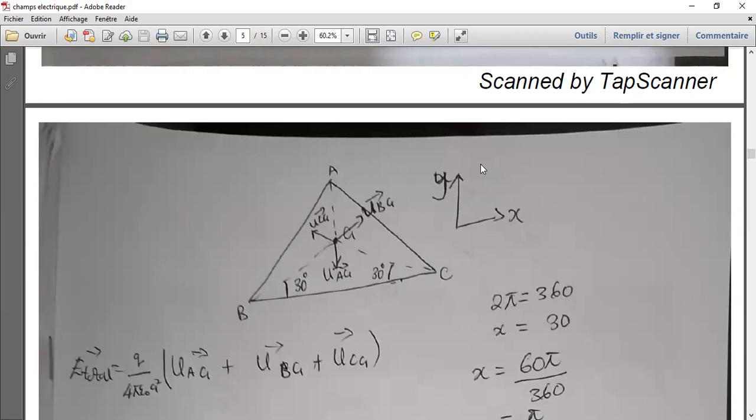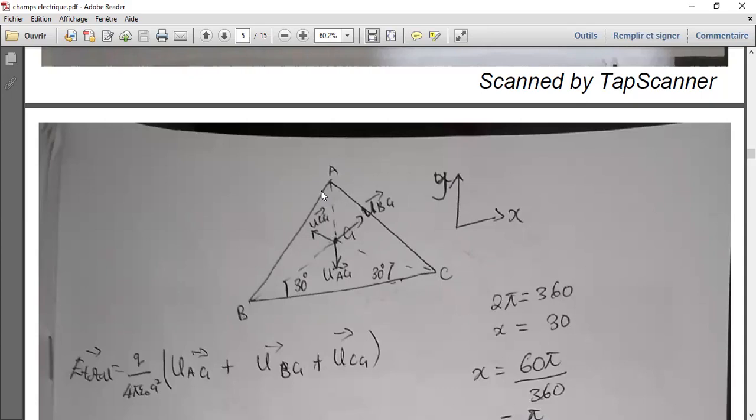And also you have to know the angles which are created by each vector. Since we have said that it's an equilateral triangle, you know that a triangle has a total angle of 180.